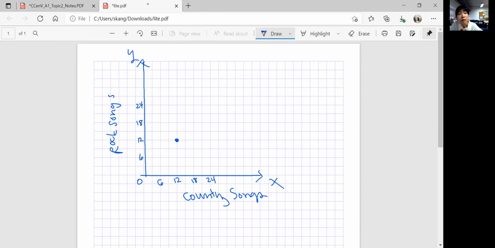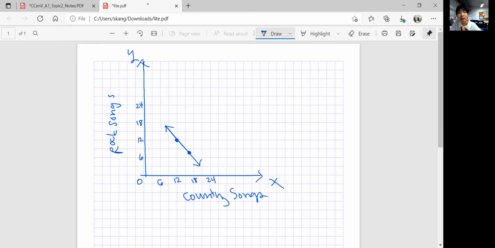That's 15, so 16 would be here. 16 country and 8 rock would be around here. Okay, so then you connect these two dots and draw a line. You can use any straight edge to draw a line.